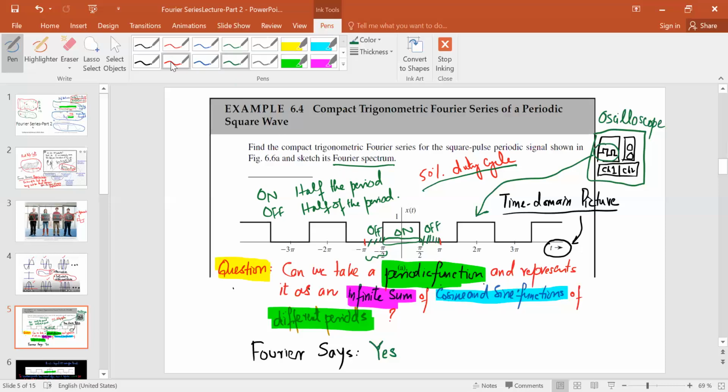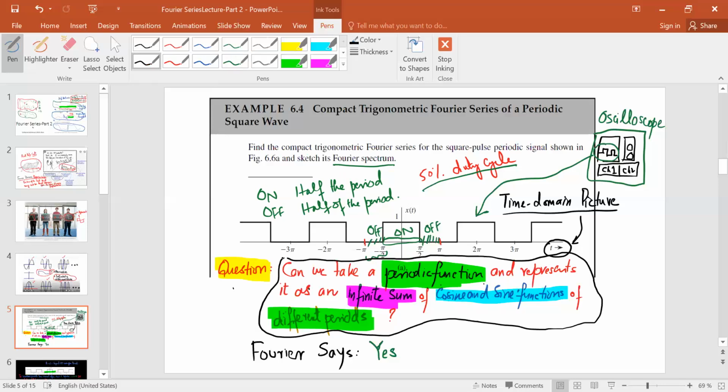So looking from this perspective, I can say that our question is rather this one. Can we take a periodic function and represent it as an infinite sum? Infinite sum means that the terms are not finite. Terms are going from n equal to 1 to infinity.